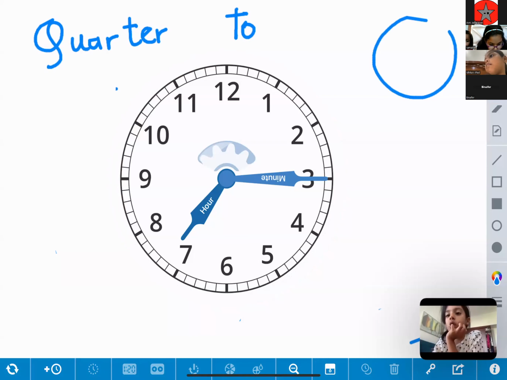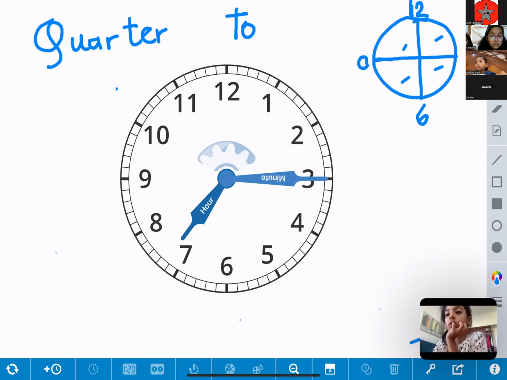So when we are working on a circle and we see that these are all quarters and the number starts from 12, 6, 9, and 3. If my minute hand travels and it's here on 3, it's going to be quarter past. But here, if my minute hand is there, I'm going to say Q2 because this portion we have not yet covered.